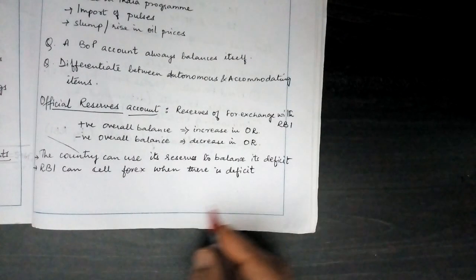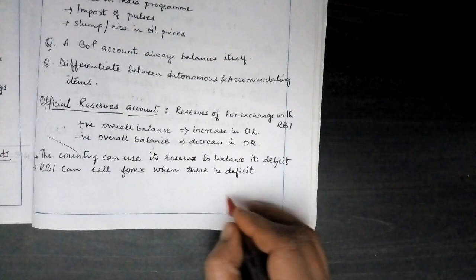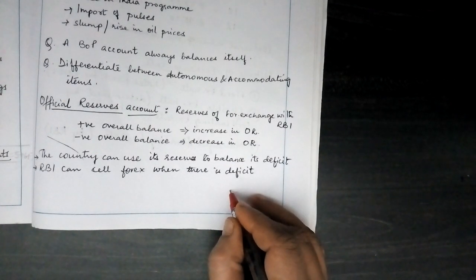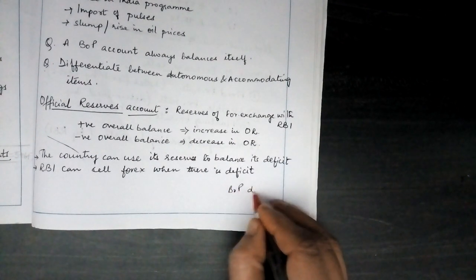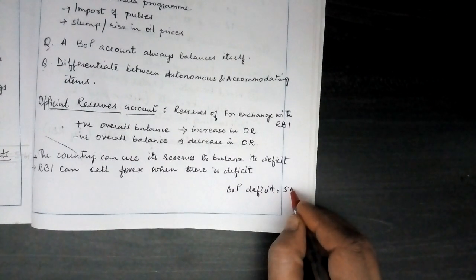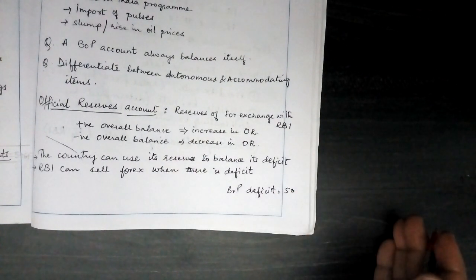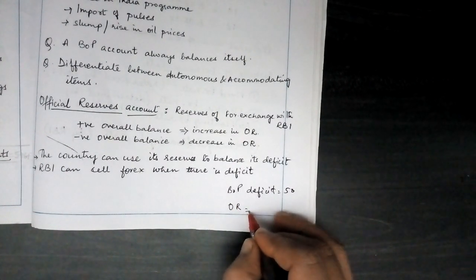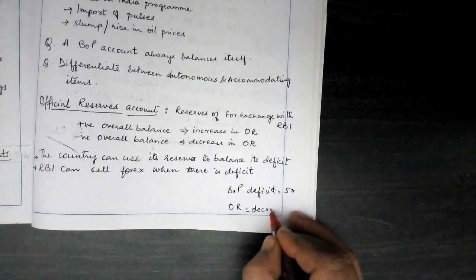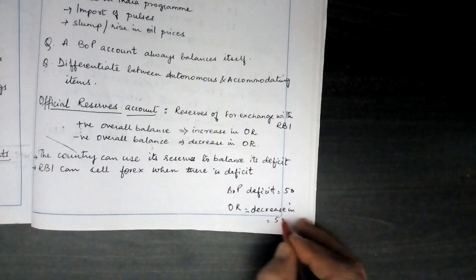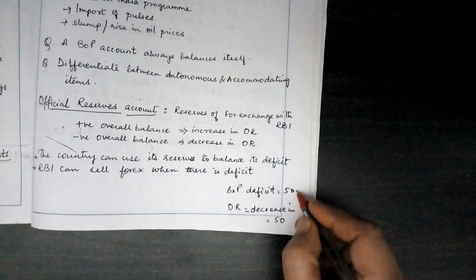To understand it better, let us say there is a balance of payment deficit, which is equal to, let us say, 50 crores of rupees. Then the official reserves will show a decrease equal to 50 crores.